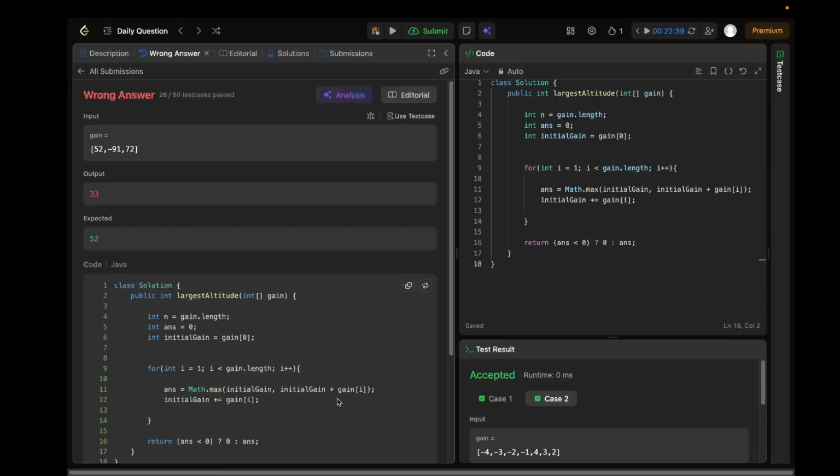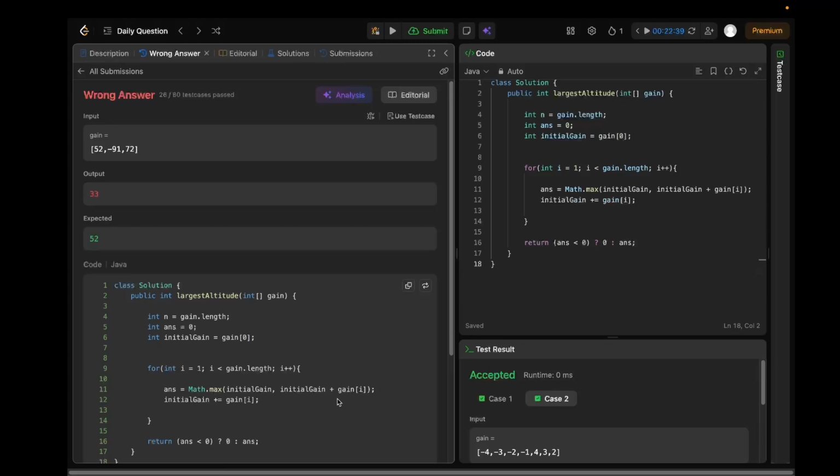Minus 39, I think. And minus 39 for i equals to 1. Okay, so one second. We start at 52.